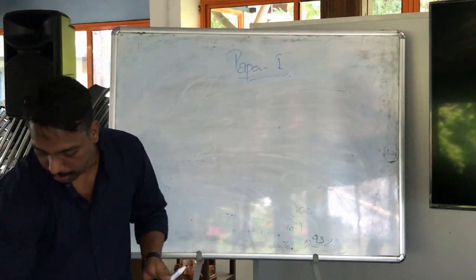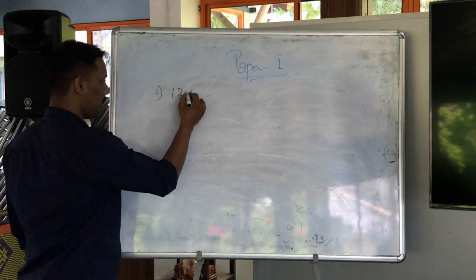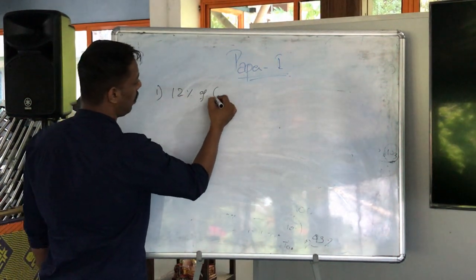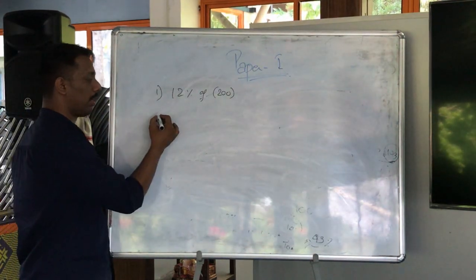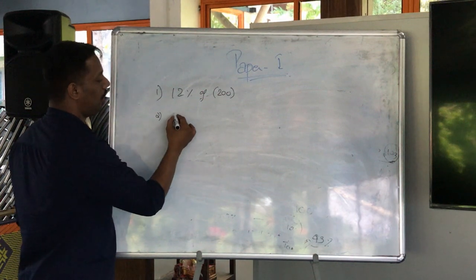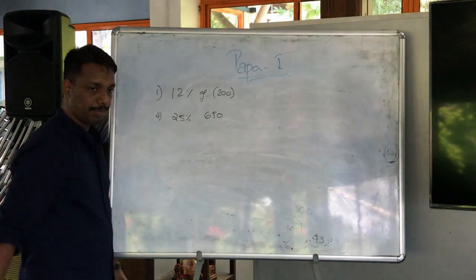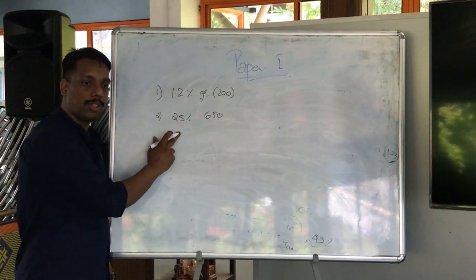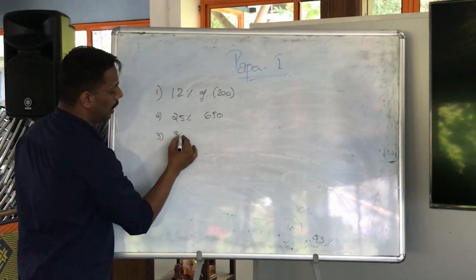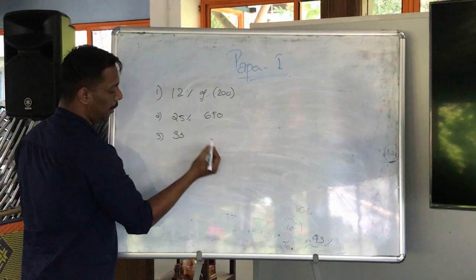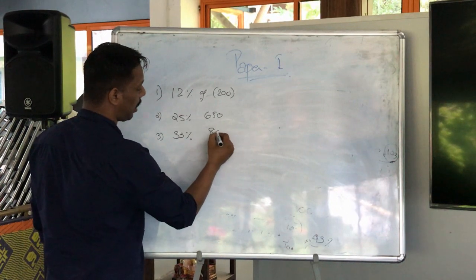I will give you some problems. You have to find out what is 12% of 200. What is 25% of 650? Then 33% of 800.